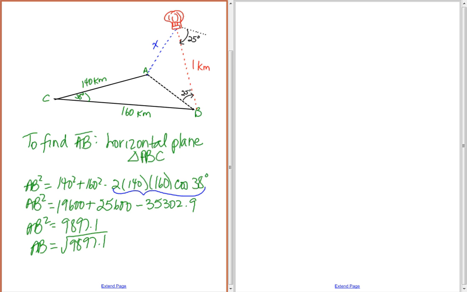We will get 99.5. Does that make sense if you consider that scenario, that if they've left and 2 hours later they're 99.5, almost 100 kilometers apart, if the roads they were traveling on were 38 degrees apart? It's absolutely reasonable. So we now have a measurement that's in the vertical plane.